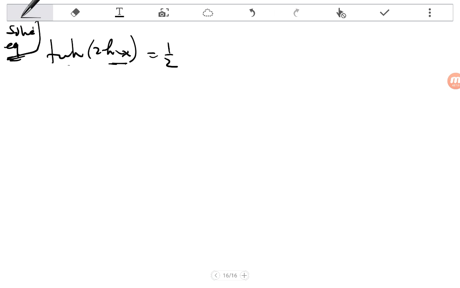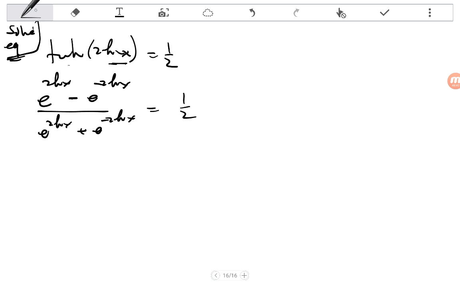So I just use the definition of tanh, a sinh divided by a cosh. That will be e power 2 ln x minus e power minus 2 ln x over e power 2 ln x plus e power minus 2 ln x. I have divided by 2 both in the numerator and denominator, but they cancel each other, and that will be half.